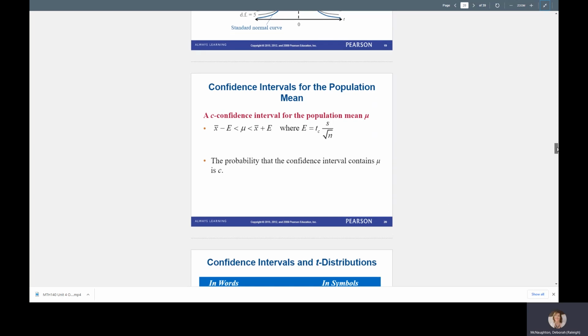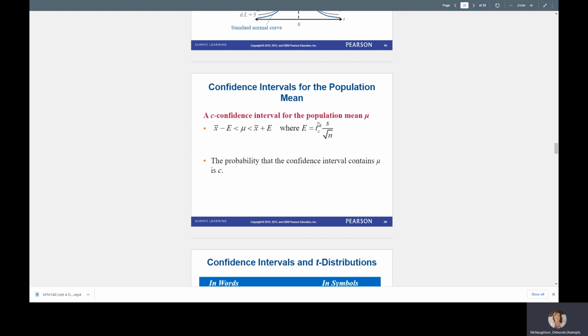So we can use this distribution to create confidence intervals for the population mean when we don't know the standard deviation. It's just like what we did in section 6.1, except we're using x bar minus E to x bar plus E as our interval, but E is tc times s over the square root of n.